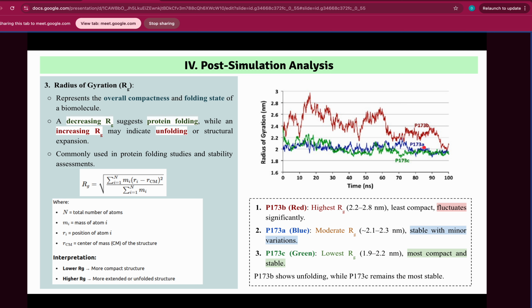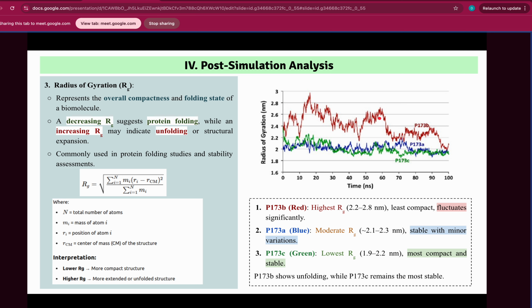Then comes 173A, and ultimately 173B is the least compact, and it fluctuates significantly. Its radius of gyration is constantly changing, which means it is getting compact, then opening up, then getting compact again. So there are some fluctuations present, whereas in both the green and blue there is not as much fluctuation as you can see in the case of red.